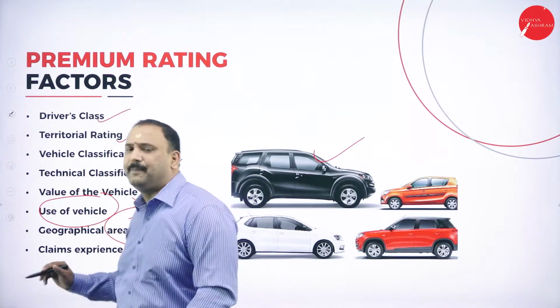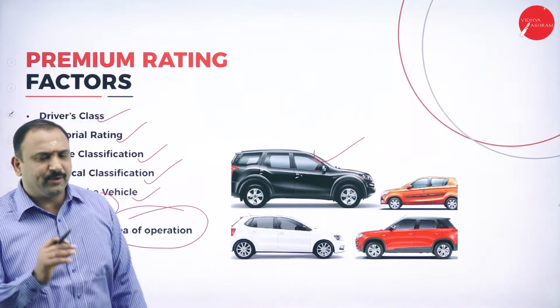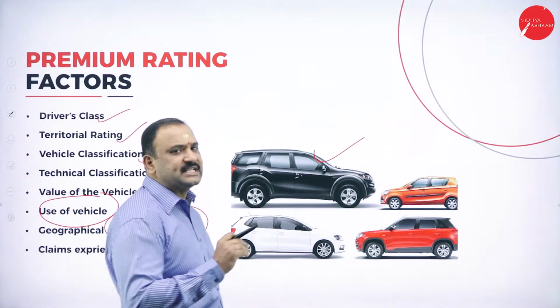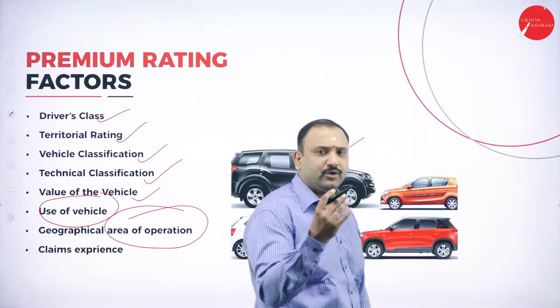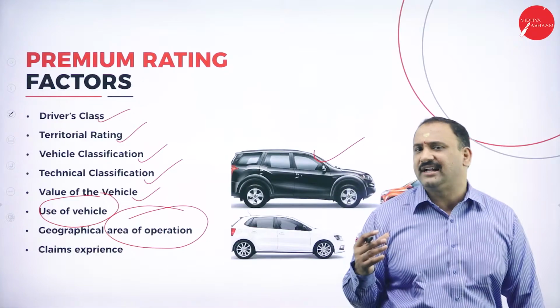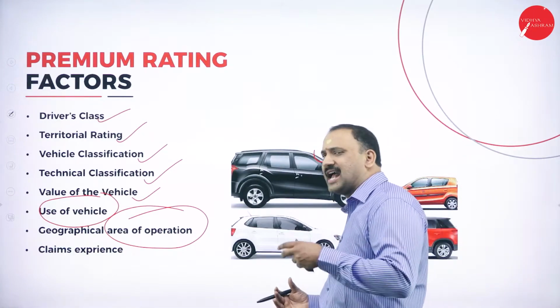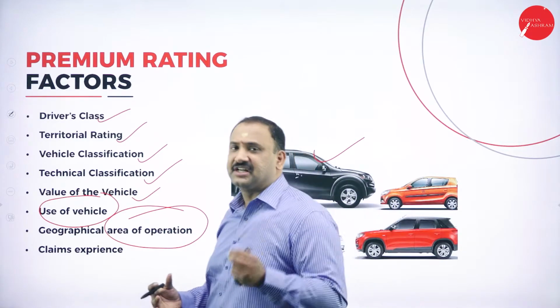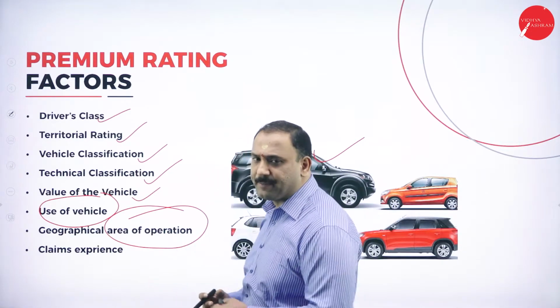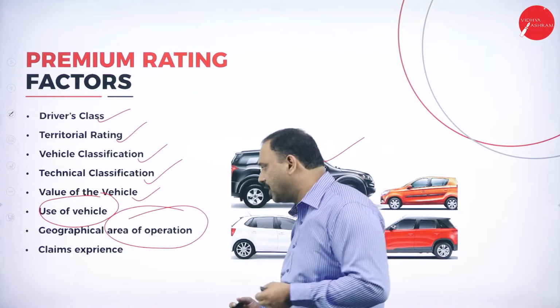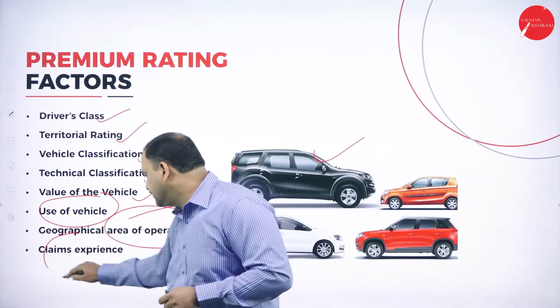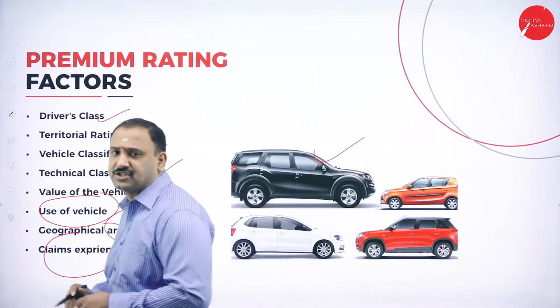Where are you operating this vehicle? Why? Because when you're talking about hill terrain zones, or areas which are risky in nature, or situations which have inherent risk, then the vehicle operation also needs to be looked at. And last but not least, the claims experience altogether.